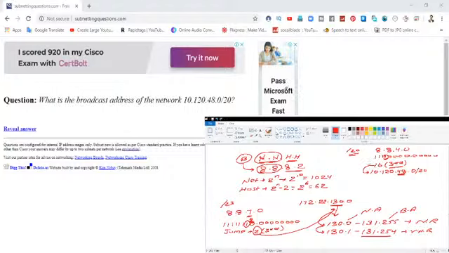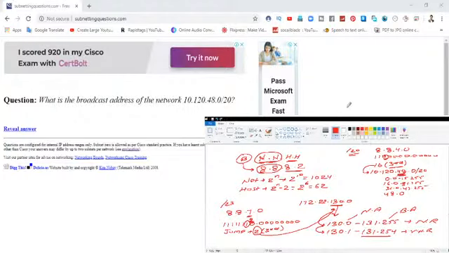If we have a jump of 16, will we get a network starting from 48? Yes, definitely. The first network would be 0.0 to 15.255, then 16.0 to 31.255, 32.0 to 47.255, then 48.0.